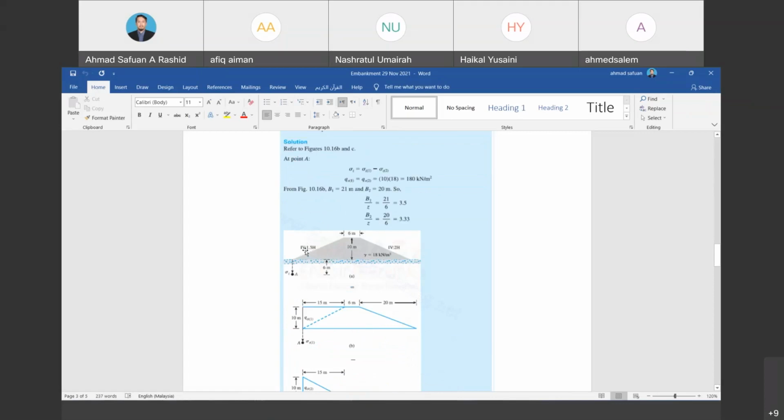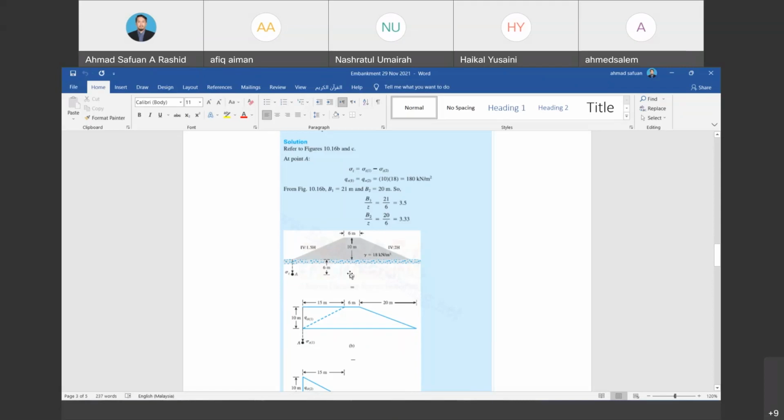One side is 1 vertical over 1.5 horizontal, while the other side is 1 vertical over 2 horizontal.